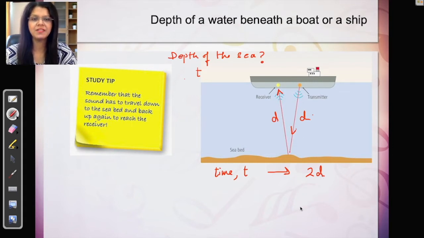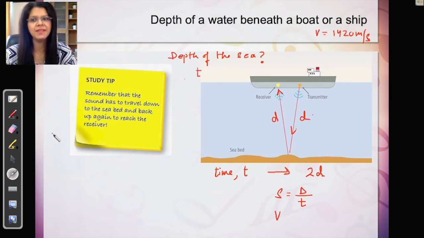So what is the speed of the signal? Let us write the formula for the speed and input all the values in the formula. Speed is distance over time. You know the speed of the sound in the water. Let us call it V. Speed of the sound in the water, we have just learned it is 1420 meters per second, or roughly you can say 1500 meters per second or 1400 meters per second.